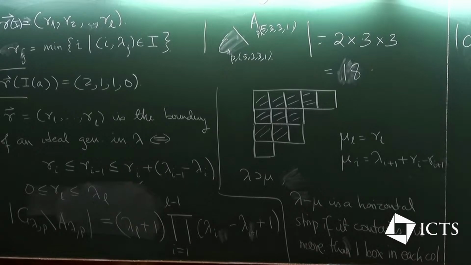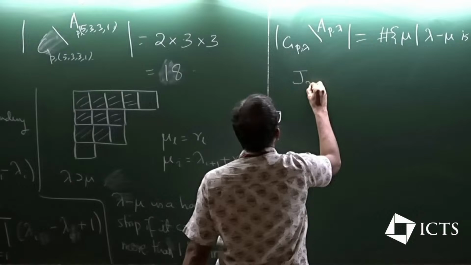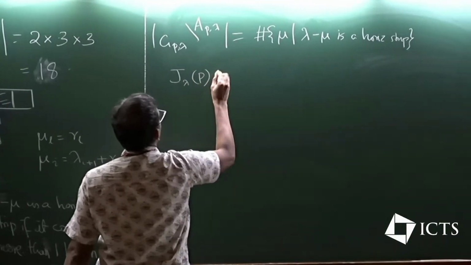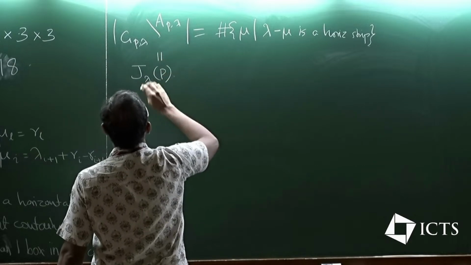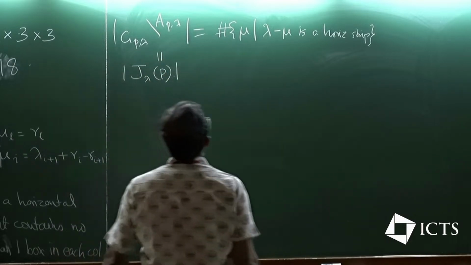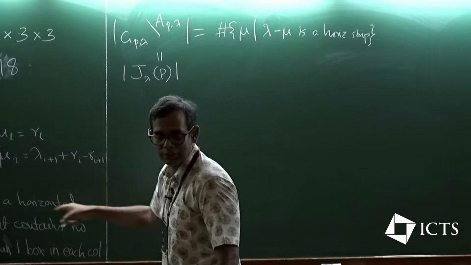And this bijection is given by, so this is j lambda p, and so there's actually a bijection like this, and it's given by these equations here.